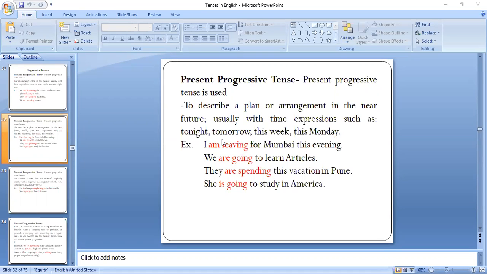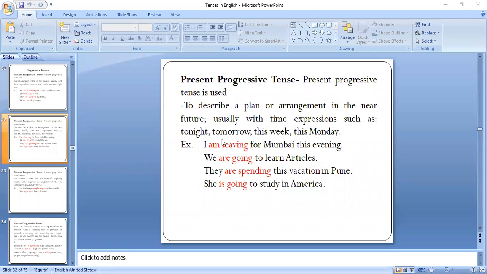These are the time expressions we use for present progressive tense. So to describe a plan or arrangement in the near future, we make use of present progressive tense or continuous present tense.